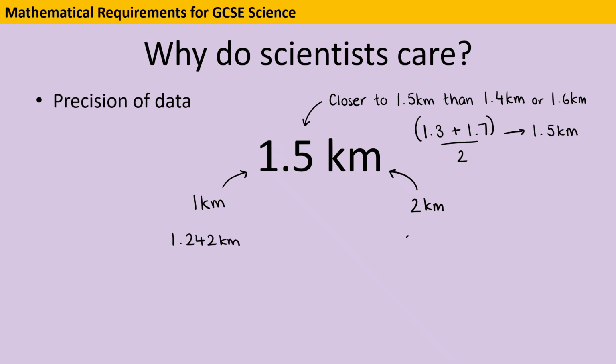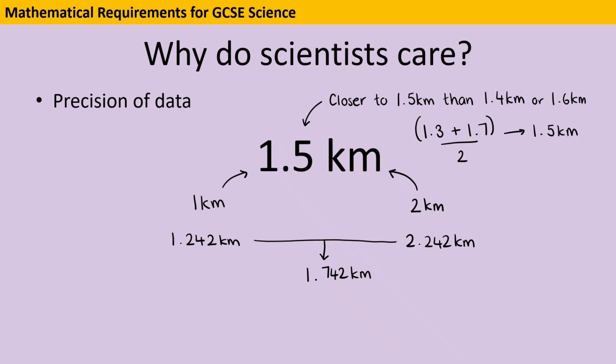Because maybe one of those people has walked 1.242 kilometres and the other one has walked 2.242 kilometres. If I actually have data that's that precise and I work out what the mean is, then their mean distance is 1.742 kilometres. So in which case, the real answer to the nearest 0.1 kilometre would be 1.7, it wouldn't be 1.5.